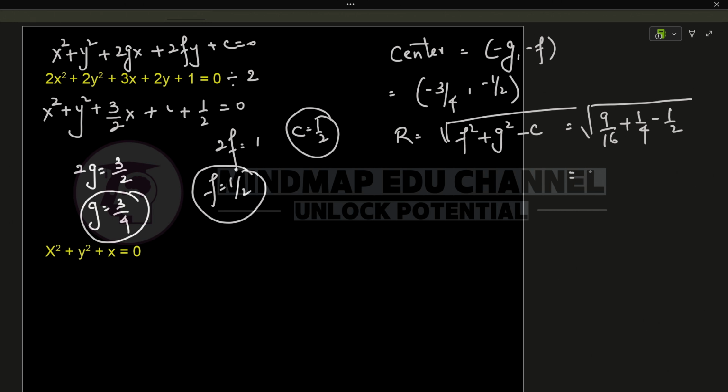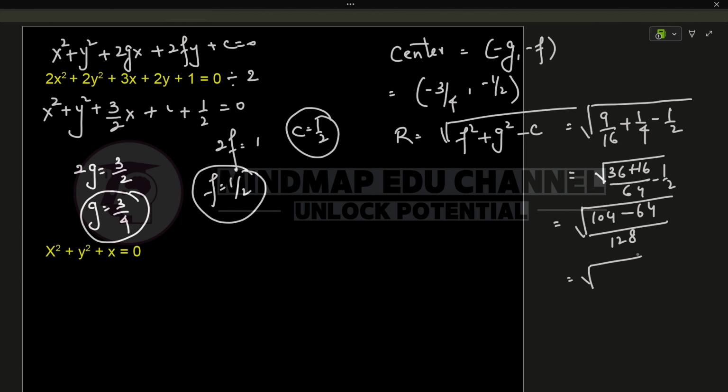So by taking the LCM, we will get 136. Let's take 36 plus 16 over 64 minus 1 by 2. You can take it by taking the LCM also. And here we will get 104 minus 64, and 64 into 2 is 128.